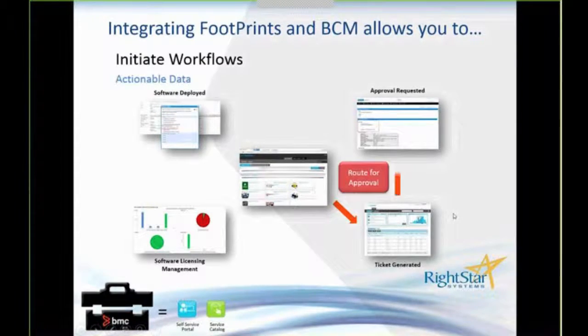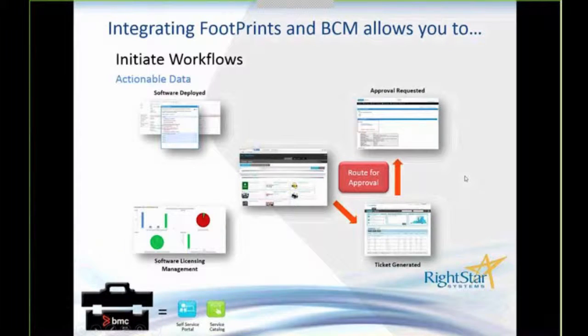Ticket gets created. We may then route for approval. And whether it's approved through email by the manager, or whether it has to go to a license manager who looks in the software licensing piece of BCM to understand whether you have an available license or not, they can perform that approval through the end user portal. They can approve through email or as a technician.